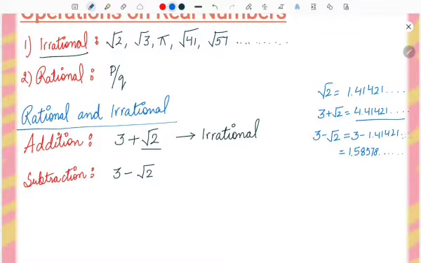Again, it is non-terminating and non-recurring, which only means that it is going to be an irrational number. This we are able to do because I know the values of root 2.